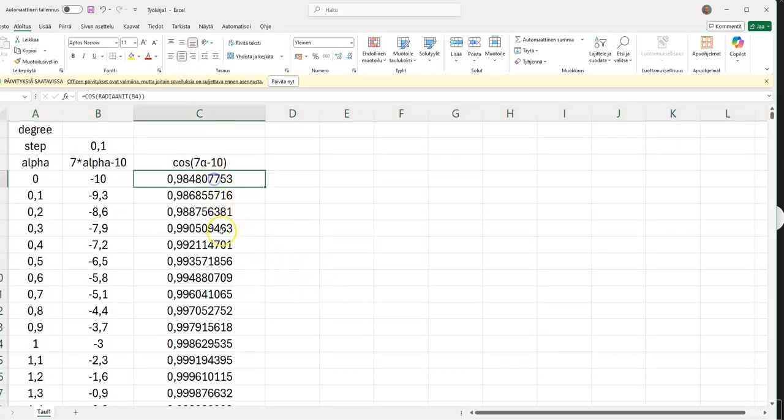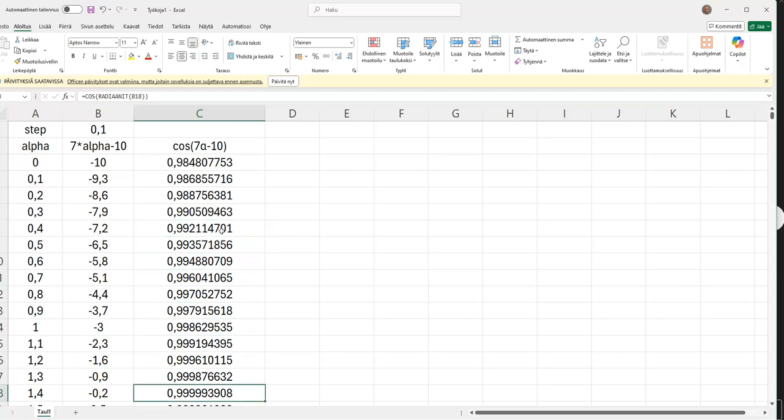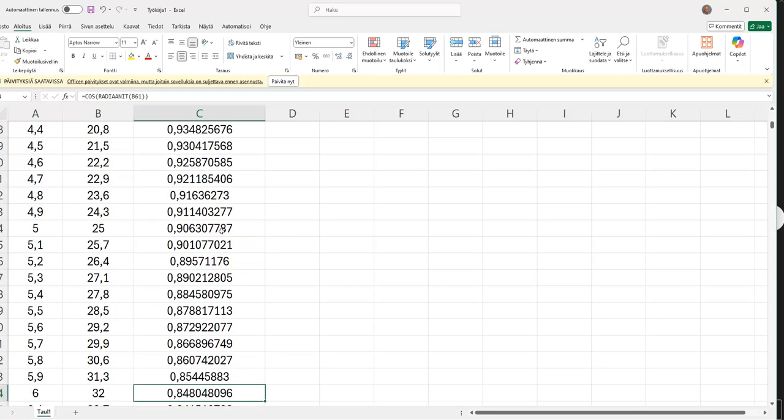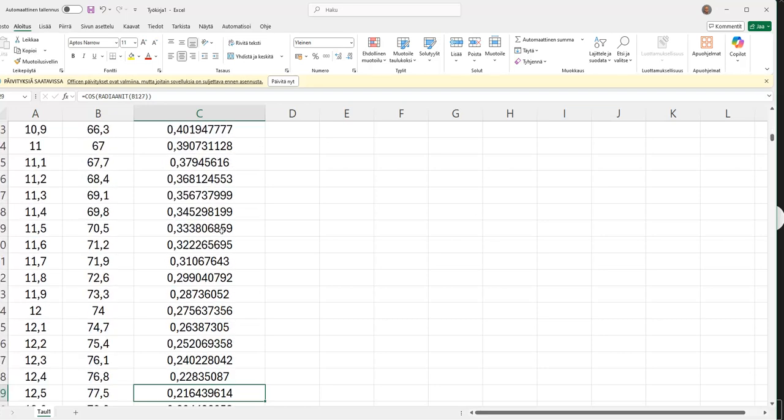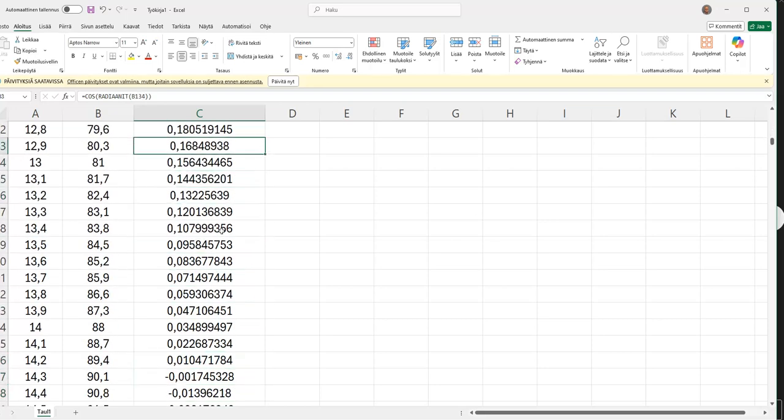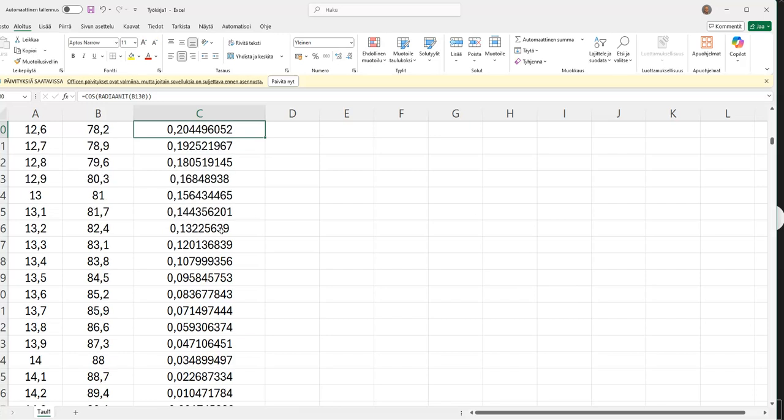Here I will try to find the place where this value will be 0.19. It is about there. It's not exact, but it is between these. So the value of alpha is between these.